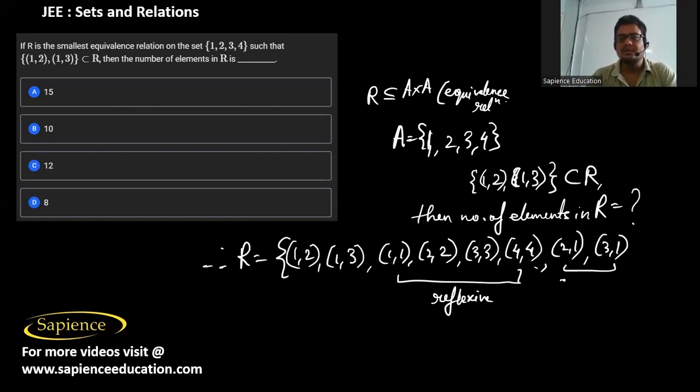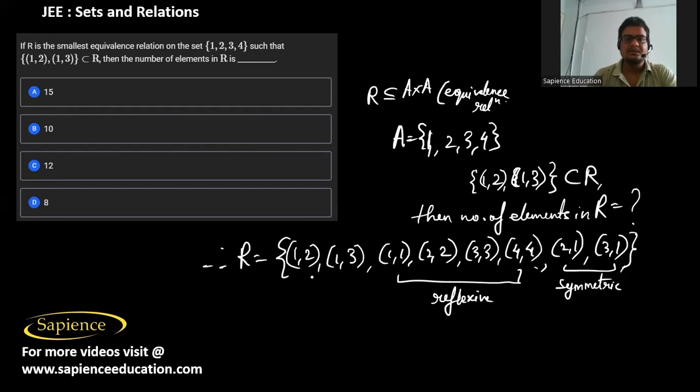Since it should be a symmetric relation. And also, since it contains (1, 2) and (2, 3) is not there, (1, 2) is there, (2, 1) is there, so (1, 1) is there; (1, 3) is there, (3, 1) is there, so (1, 1) is there, so it is transitive also.